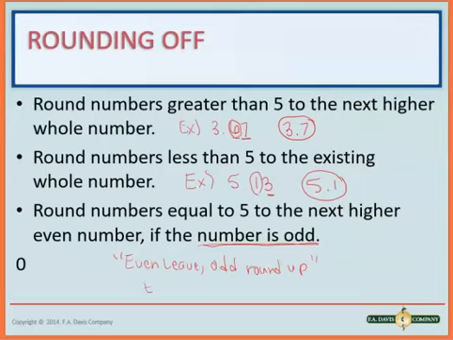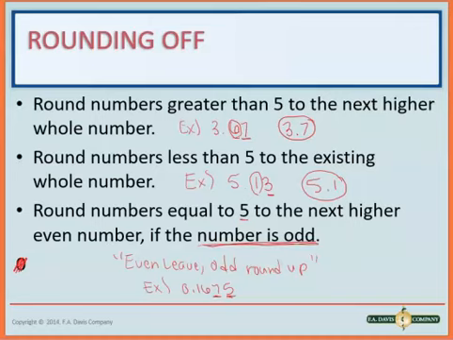So let's look at an example. Our example would be 0.1675. Okay, so we're trying to decide whether we can round this 7 up or not. Well, we have a number that's equal to 5, and the number before the 5 is odd.